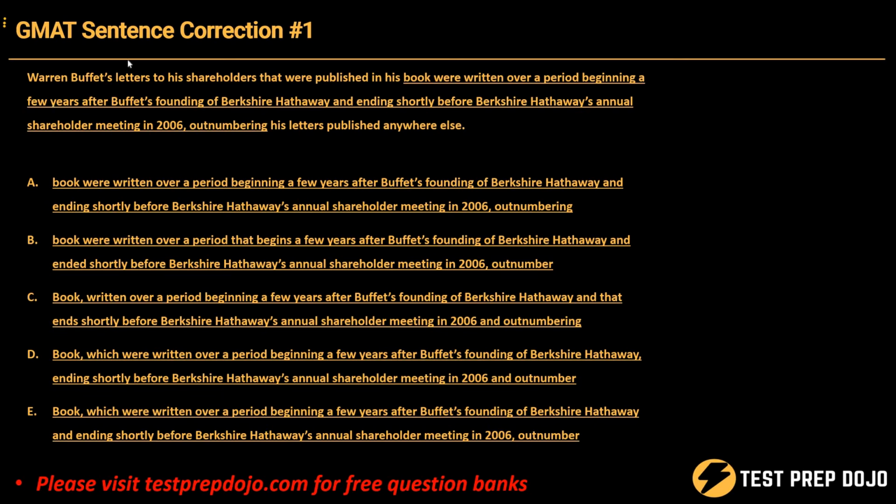In example 1, we have a sentence about Warren Buffett's letters to his shareholders. And as always, if you want, go ahead and pause the video, read the question. It's always step 1. Try to grasp the meaning the author's trying to convey, and then scan the answer choices. And what you're trying to do is to identify the decision points. Most of these hard questions have 2 decision points.